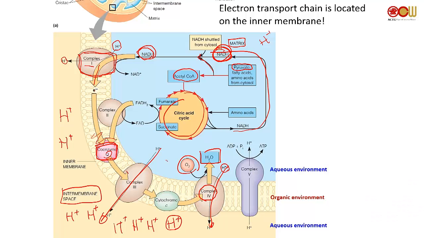So then you have complex 5. This is also called the ATP synthase, which we'll talk about in a little bit. The protons can go through this channel and return to the matrix, and in the process, it turns this protein around.